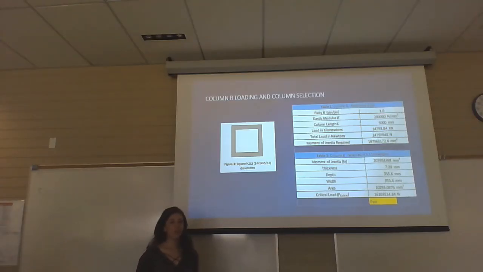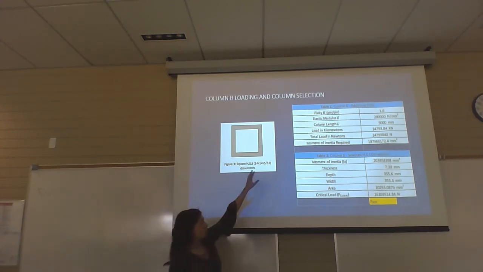So to solve for which column size we needed, we had to find the required moment of inertia. Using Euler's critical load equation, we rearranged it to find I, using the total load of the floors as our P value.